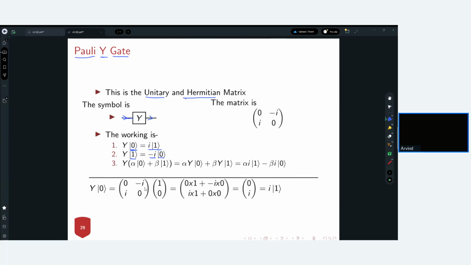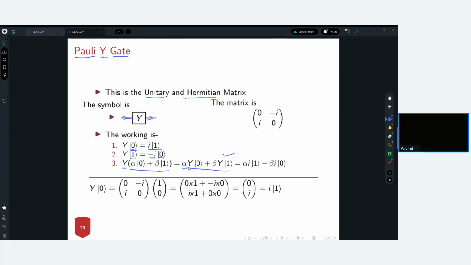If the input is a superimposed state like alpha times ket 0 plus beta times ket 1, when we apply this input to the Y gate, because we are applying the Y operator over a linear addition, we get alpha times Y ket 0 plus beta times Y ket 1.